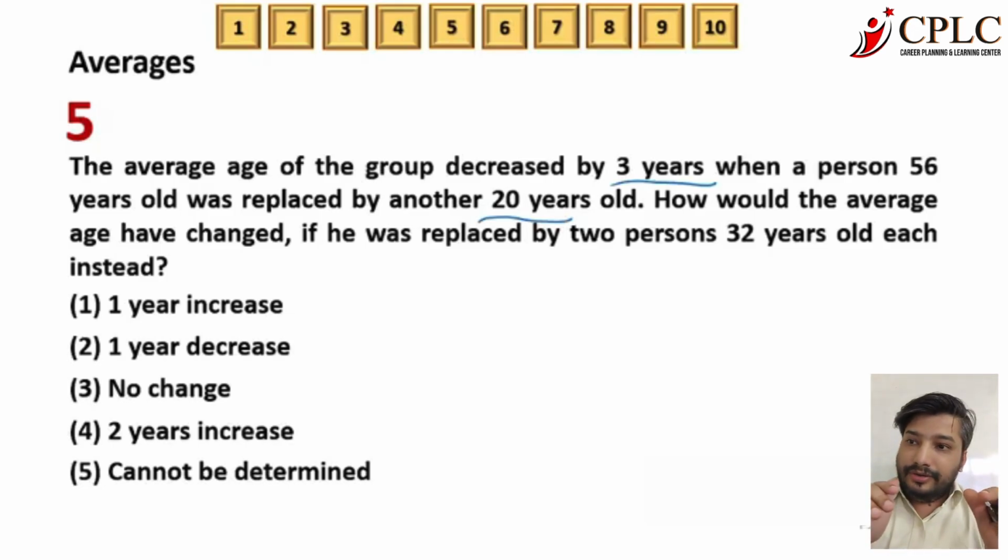But the second scenario, where the same 56 years old is getting replaced by 2 people of 32 each, that is one going out and 2 coming in, which is not okay, and hence straight away your answer becomes cannot be determined, because of one simple thumb rule you should remember: the number of people in the exchange should remain the same. 1 should go, 1 should come. 2 should go, 2 should come.